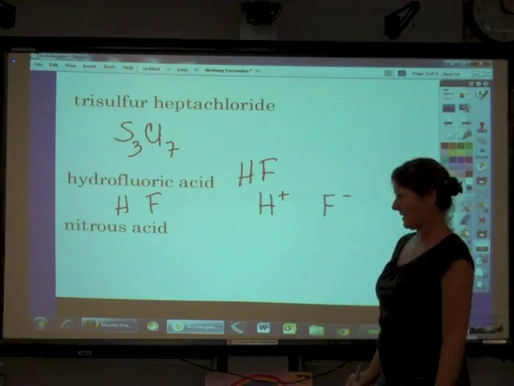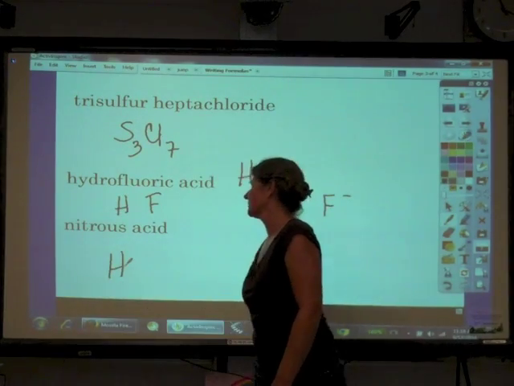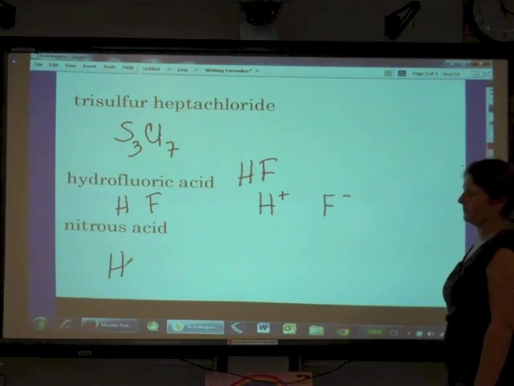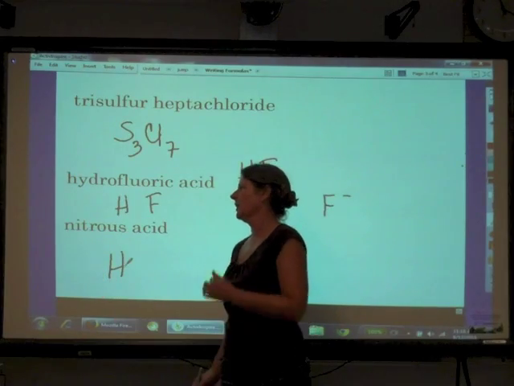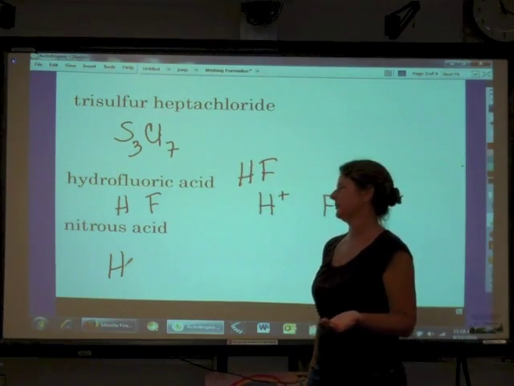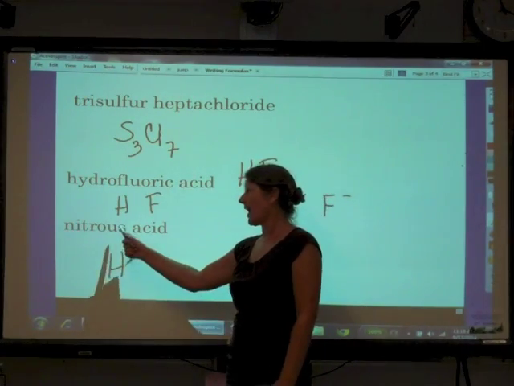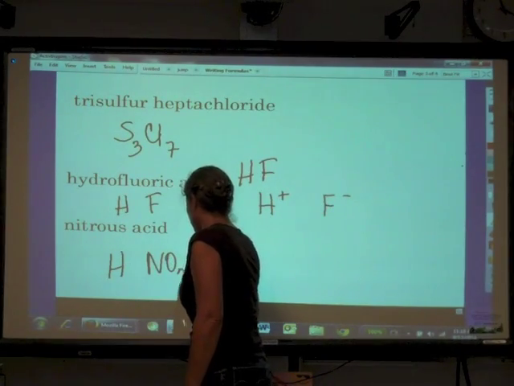Nitrous acid. We know the cation is hydrogen. Oh, there's no prefix. Nitrous. So that means it's an oxyanion. Ous is ite. So that means this thing is nitrite.